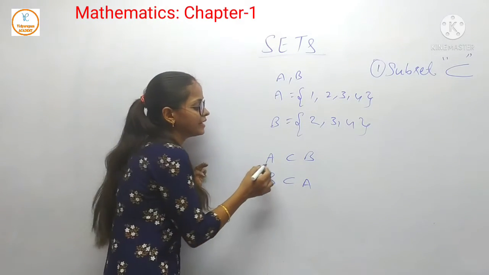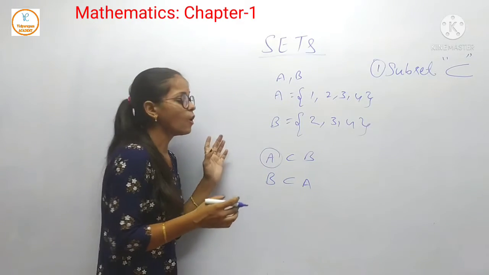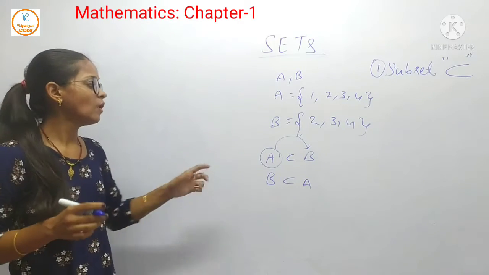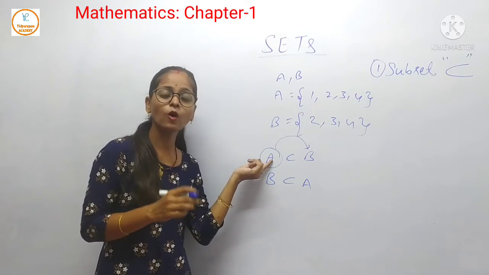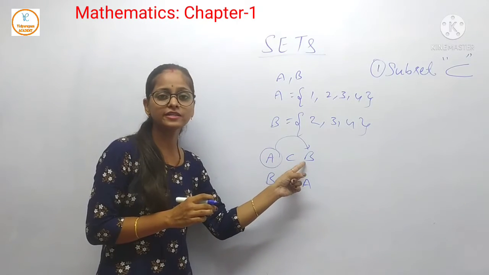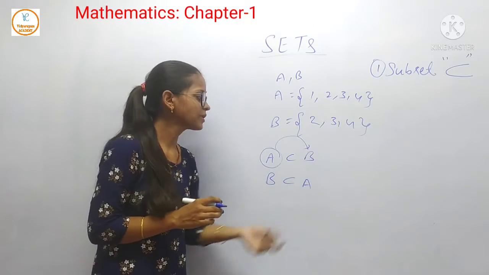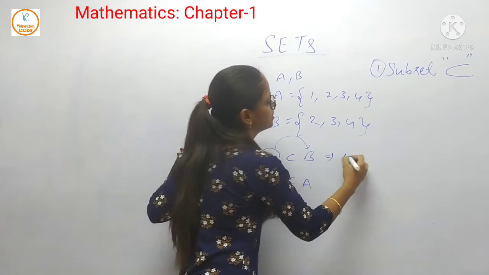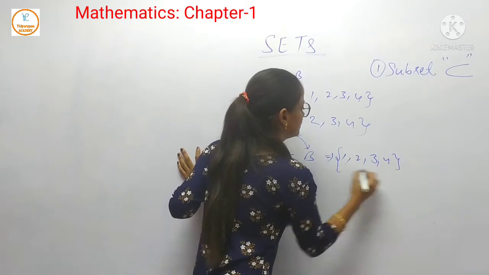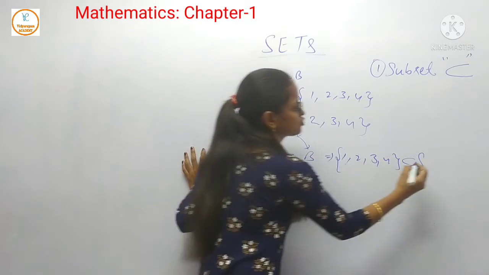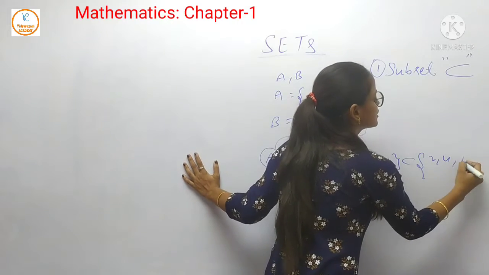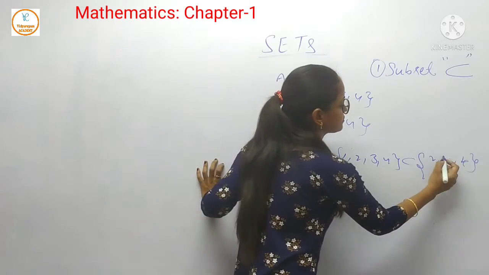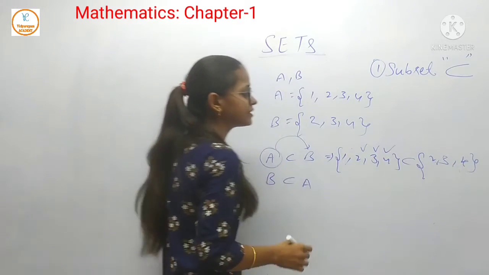Subset means all the elements in the left side set must be present in the right side set. That is the definition. What are the elements on the left side? It is A: 1, 2, 3, 4. And the elements of set B are 2, 3, 4. All elements must be present in that set, but 2 is present, 3 is present, 4 is present, but 1 is not there.